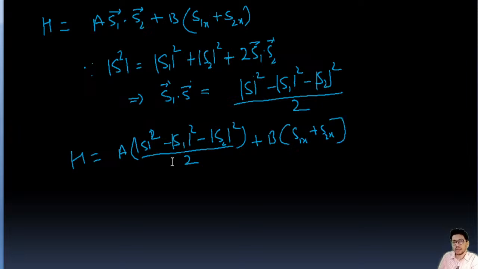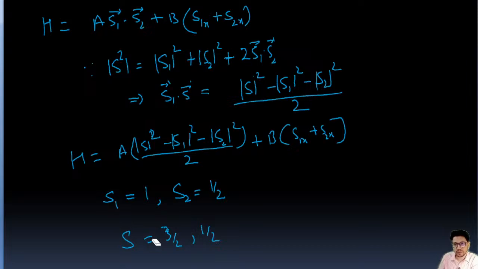Now we have been given spin: for the first particle spin is 1, for the second particle S2 the spin is half. So S, the total spin, is going to be 3 by 2 comma half.